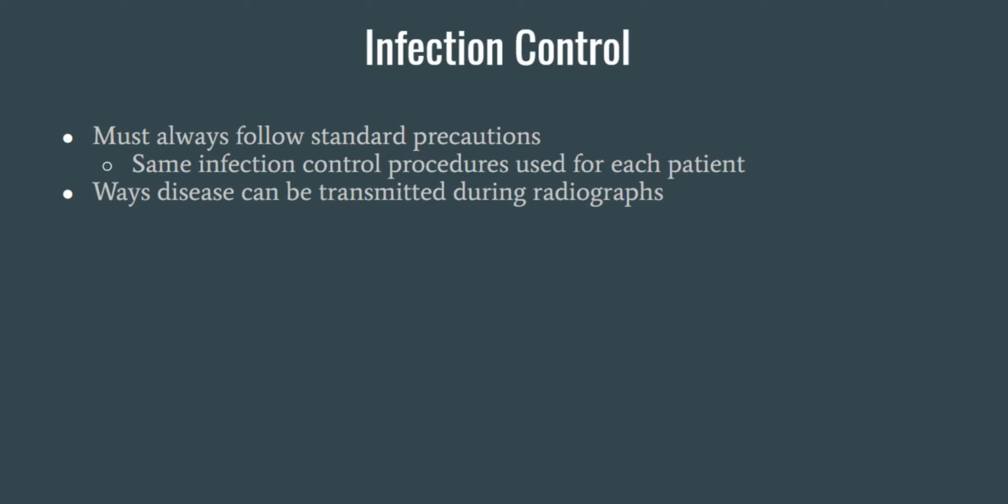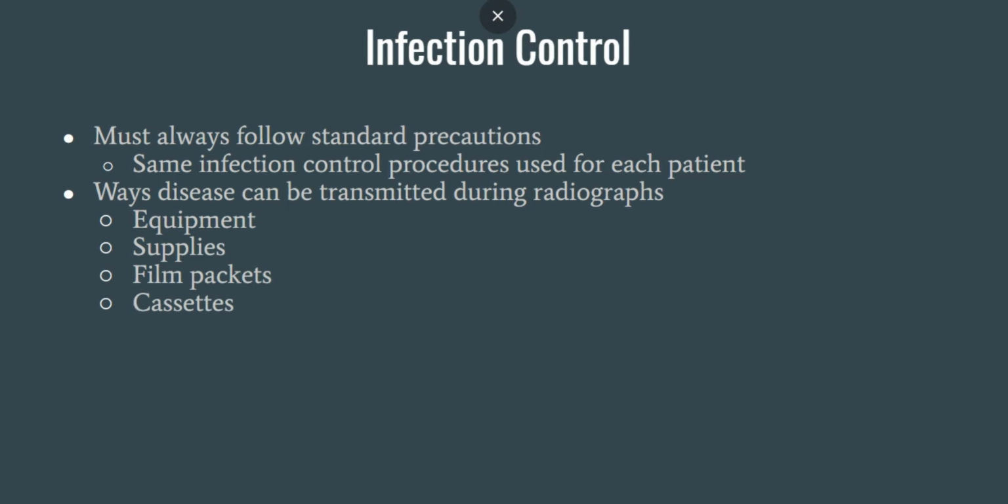And some various ways that diseases can be transmitted during radiographs is through the equipment, supplies, your film packets, and cassettes. And these all need to be mentioned because you have to think about the way that diseases can be transmitted.